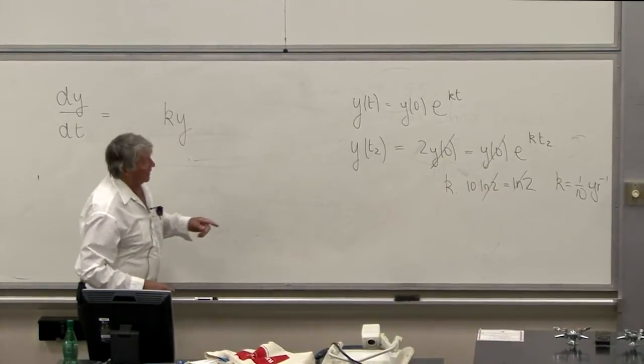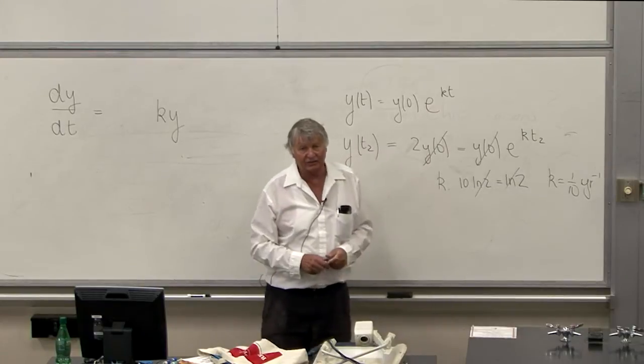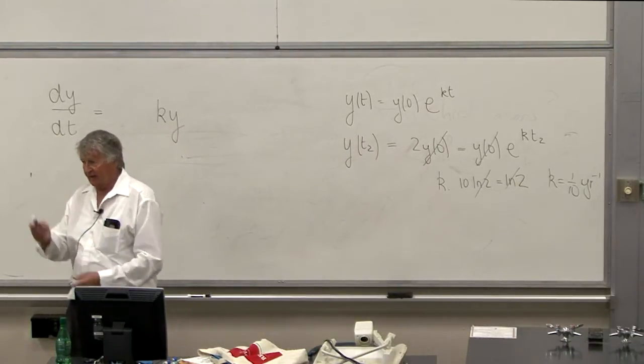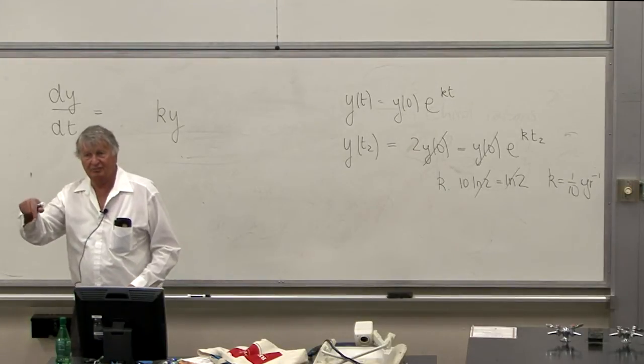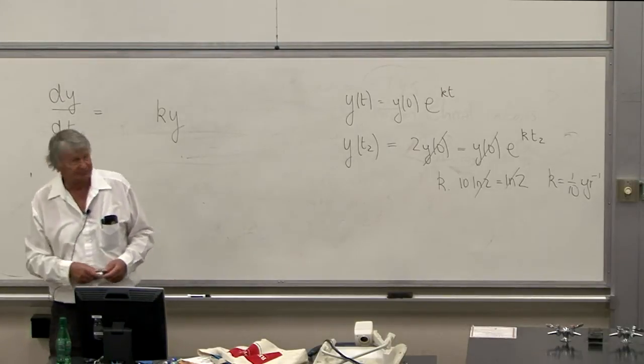Why? Because take, for instance, this exponential function, e to the kt. The exponent of an exponential function, in order for something to be something you can calculate, has to be a pure number, independent, unitless.